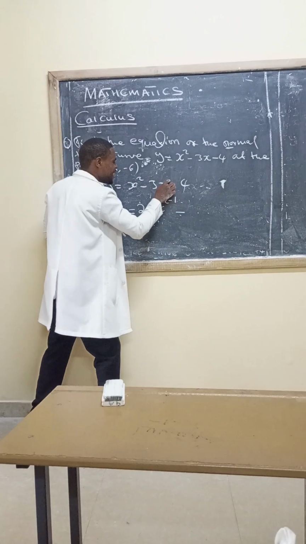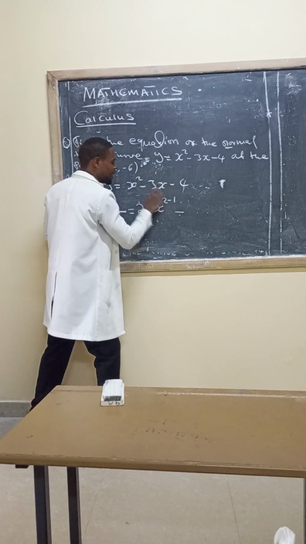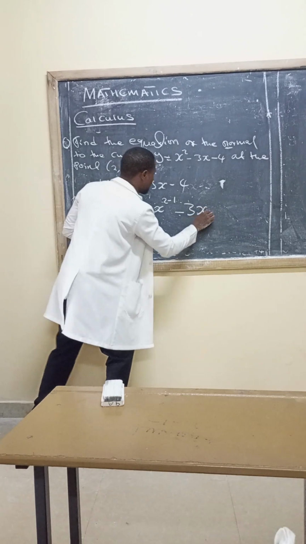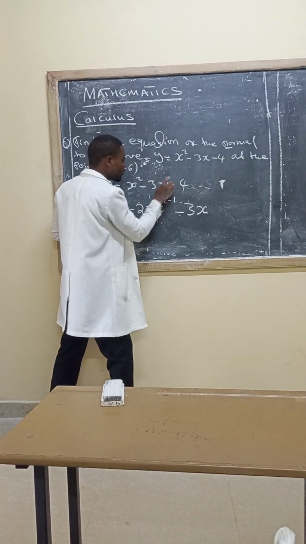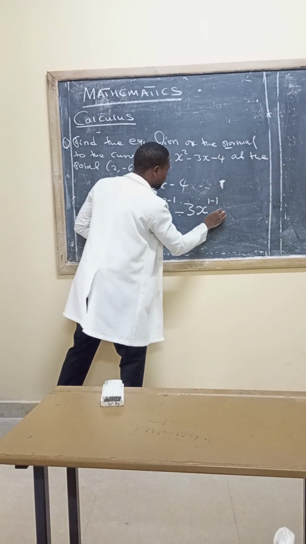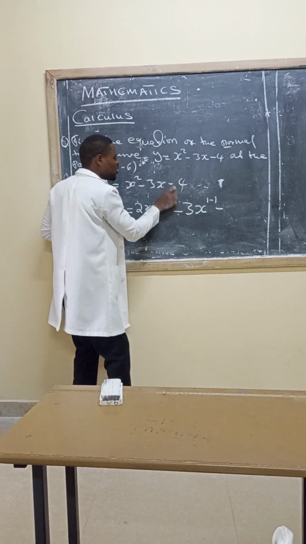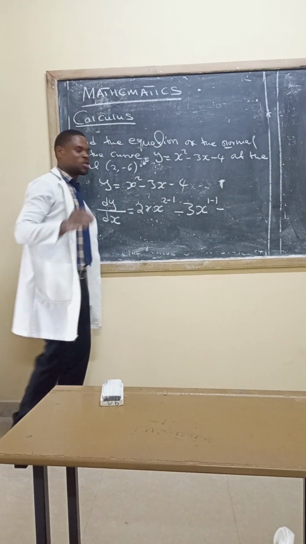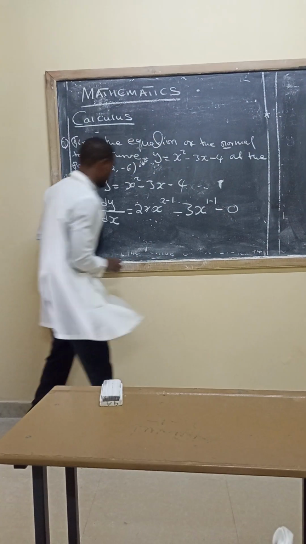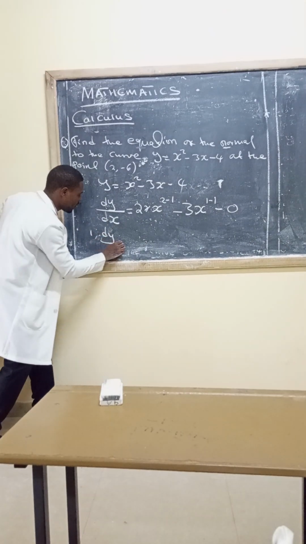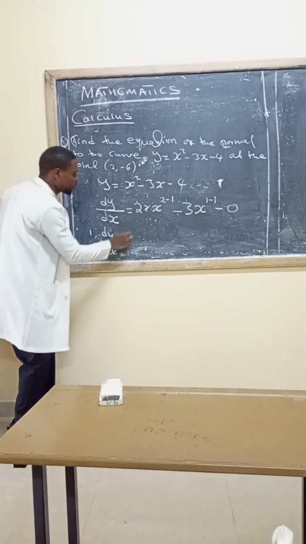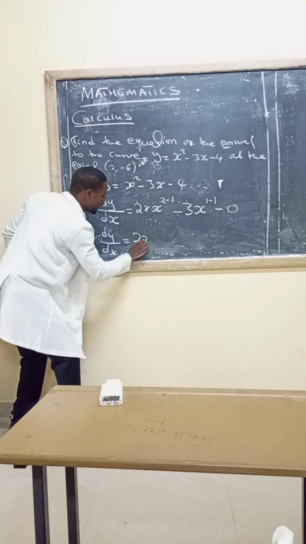Minus, now the coefficient here is 1. So you say 1 times 3, it will give us 3x. Then the same power now, you say 1 minus 1. Minus, now the derivative of a constant number is always what? 0. So now we say dy over dx is equal to 2 times x, it will be just 2x.